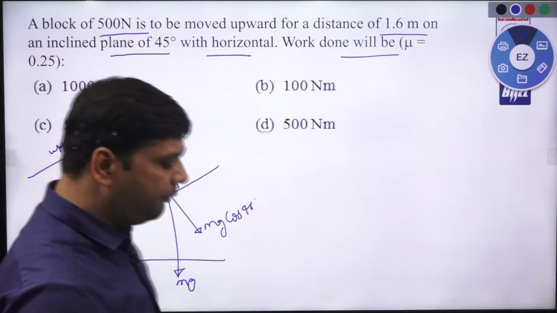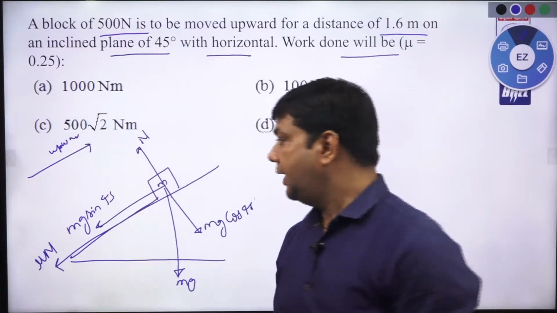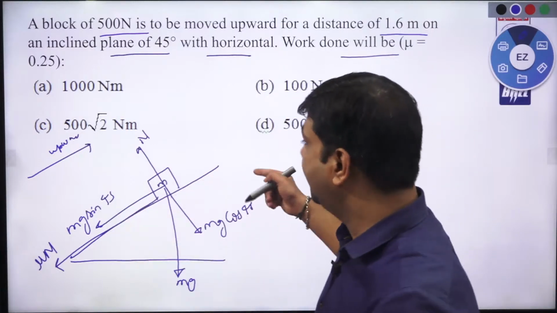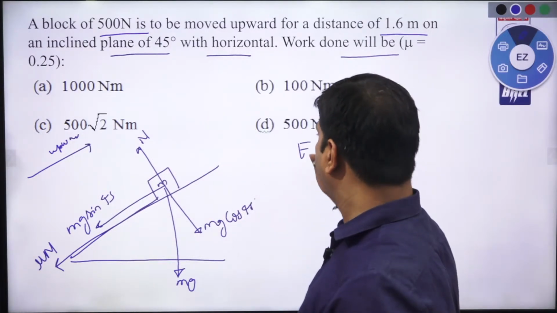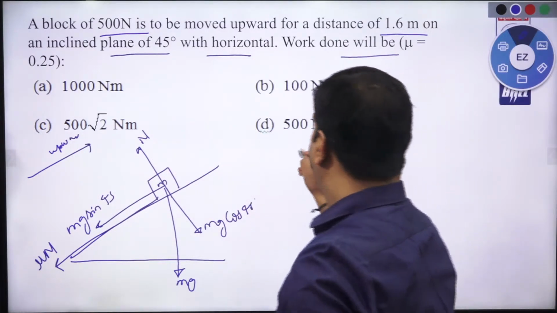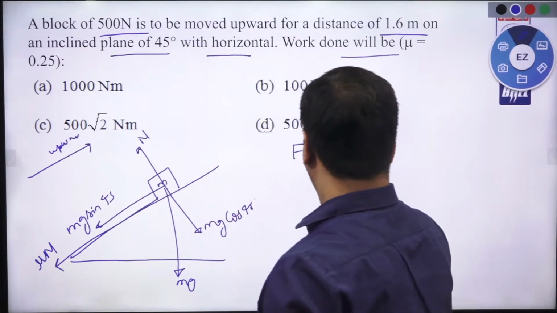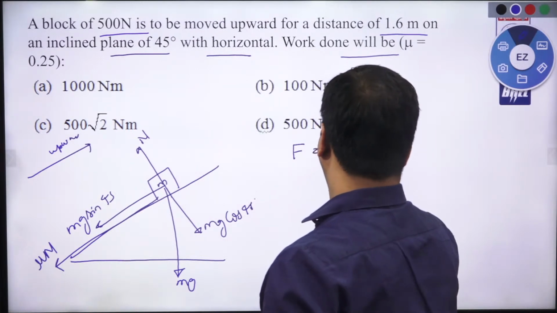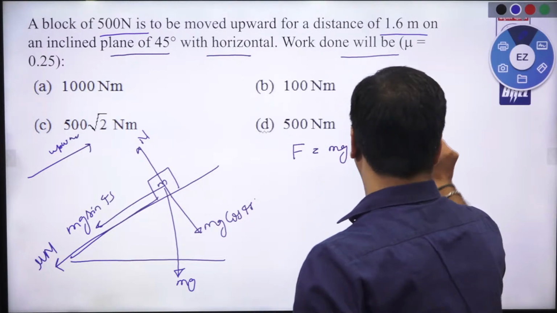Okay, so from here we can say that by Newton's second law, net force equals the sum of forces. Net force goes upward. Here we have no need to find the value of acceleration, so we directly take F equals mg sin 45 degree plus mu into n.